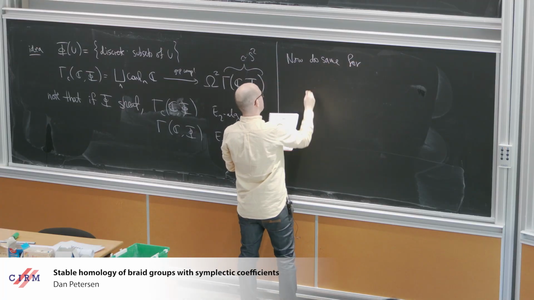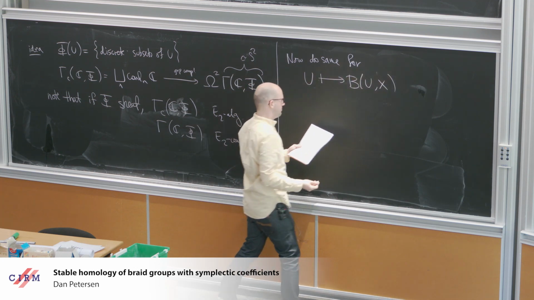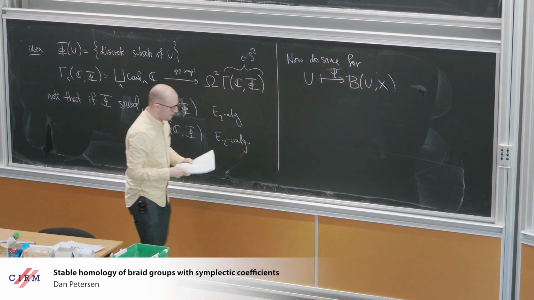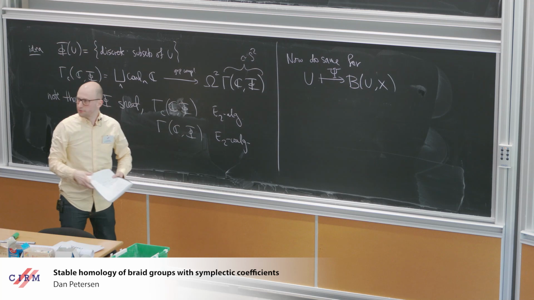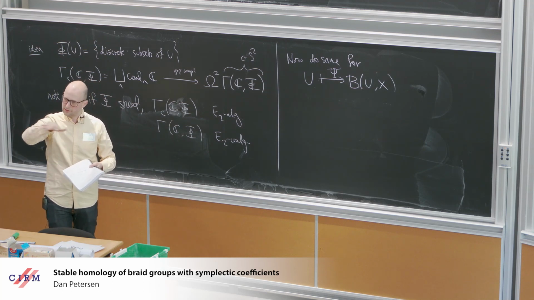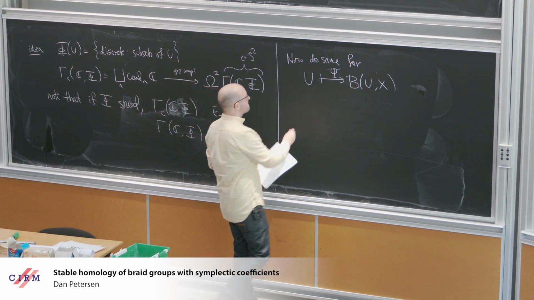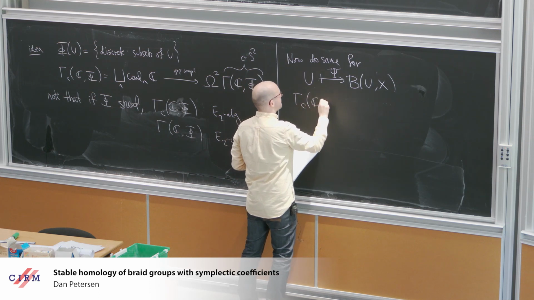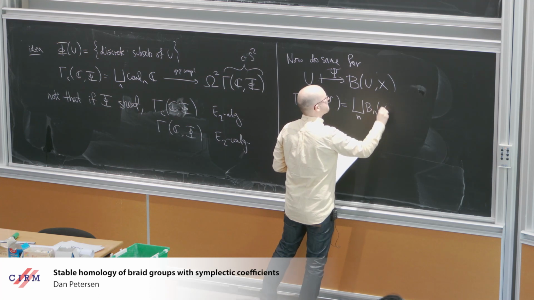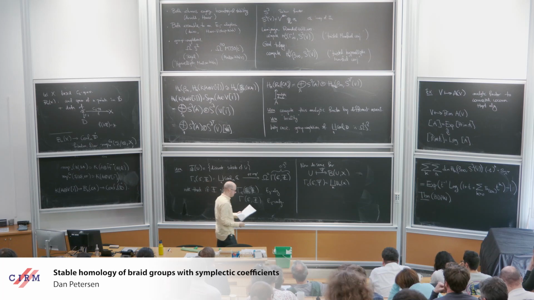And now I want to do the same for this sheaf psi. So BUX parameterizes a discrete subset of U, and then a C2 equivariant maps from the associated double cover to X. And when I take compactly supported sections, I get that guy.